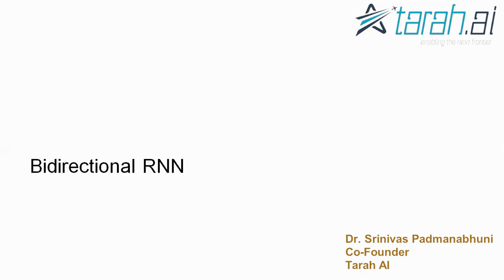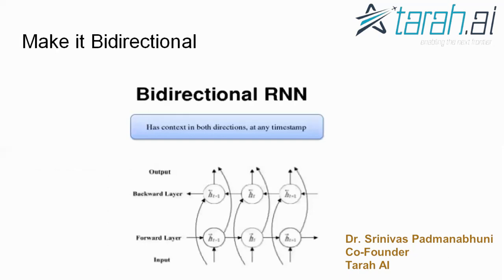So one of the simplest versions of this which has been proposed is what is known as bidirectional RNN. What bidirectional RNN does is it carries context in both directions so that you are not constrained by only one side backpropagation leading to the gradient problem.